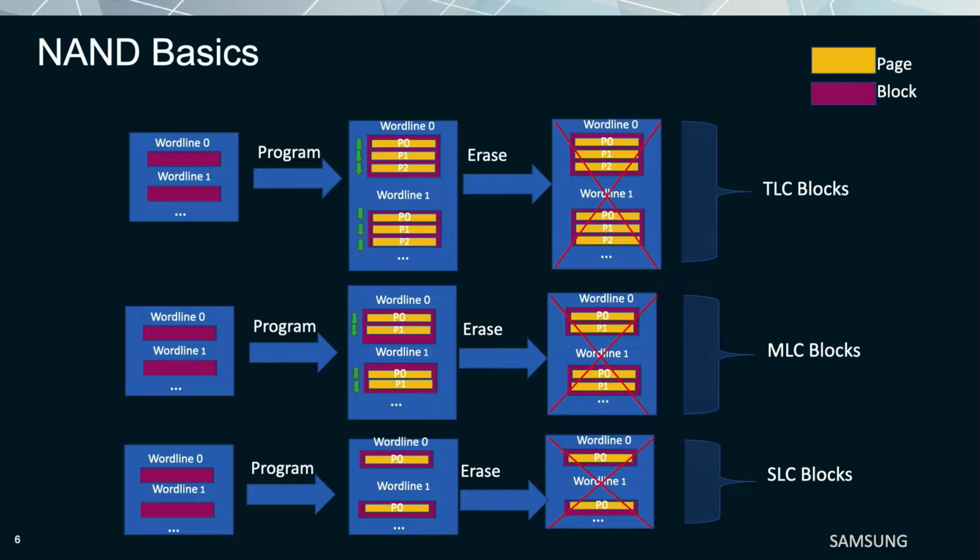To erase the data from a page, we have to move the data to other free blocks and perform garbage collection. That's why erase is for the full block. An SLC block forms one page per word line, while an MLC block has two pages, a TLC block has three pages, and QLC has four pages. Current generation NANDs go up to QLC.